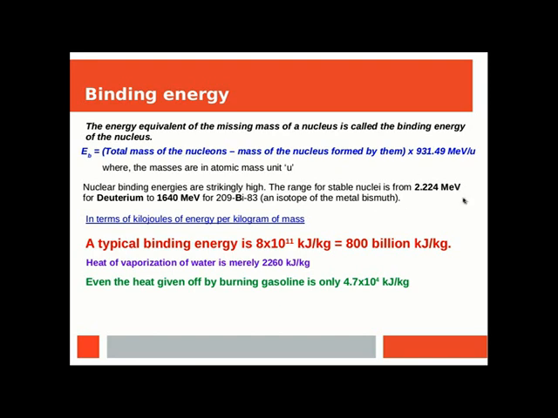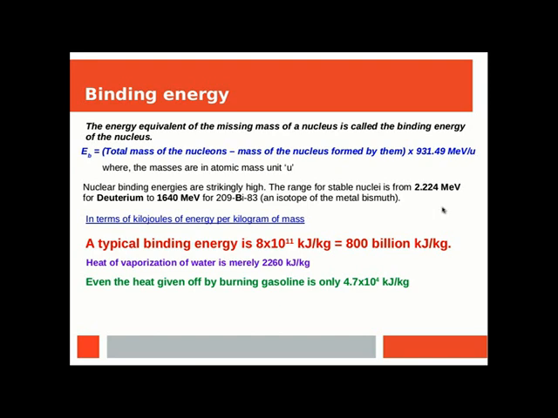Let us take the smaller value for our comparative study, and let us represent it in terms of kilojoule of energy per kilogram of mass instead of million electron volts, because this seems to be a more comprehensible unit from the practical point of view.